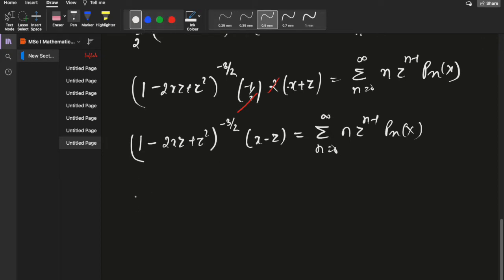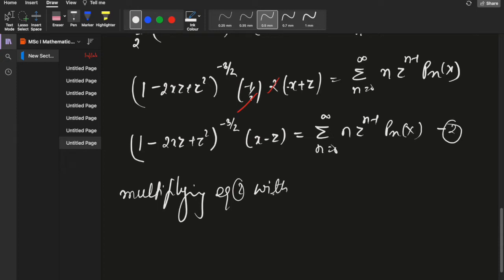Now we will multiply the above equation, say equation 2, by (1 minus 2xz plus z square) on both sides.